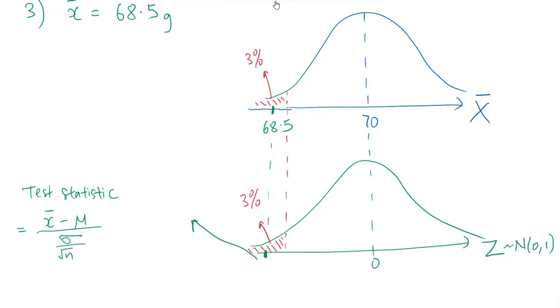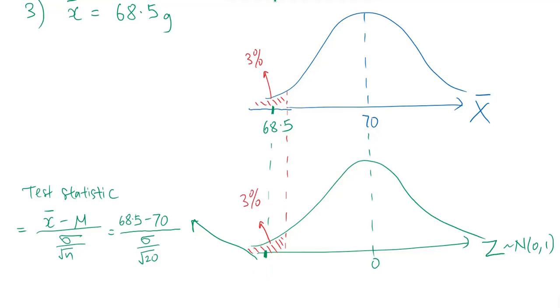Let's plug in all the values now. x bar is 68.5, mu is 70, your standard deviation is unknown, and n is 20 because they chose the sample size to be 20. So this expression here represents your test statistic. It is this point over here.